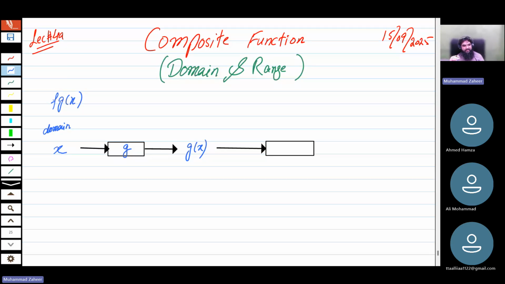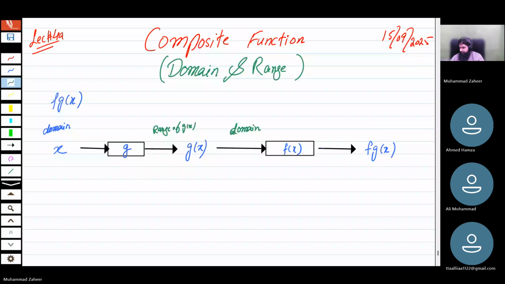The value that you get for g of x is basically the domain of the next function, and this is basically the range of g of x. Now you have the f function, so you apply the f function, and you get something as an output, and that is basically f of g of x, and this is your range.